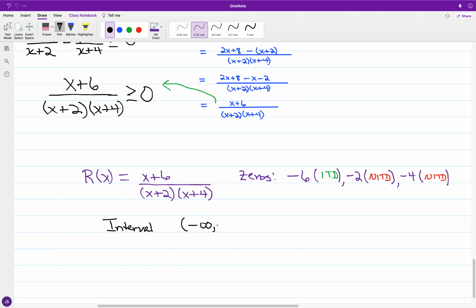So those are values of x less than negative 6, and then bypassing negative 6, we're going to have those values of x greater than negative 6 and less than negative 4. Then we have those values of x greater than negative 4 and less than negative 2. And finally, we have those values of x that will be greater than negative 2.